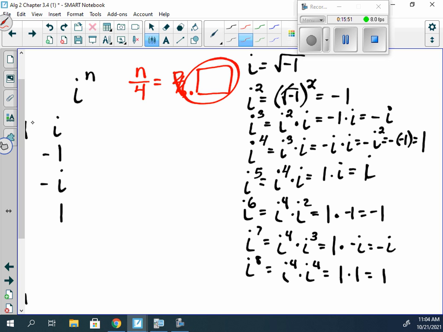Because if that decimal is 0.25, then i to whatever power will simplify to i. If the decimal works out to be 0.50, it'll turn into -1. If it's 0.75, it'll turn into -i. And what would be the decimal for the last one? 1, and its decimal is?